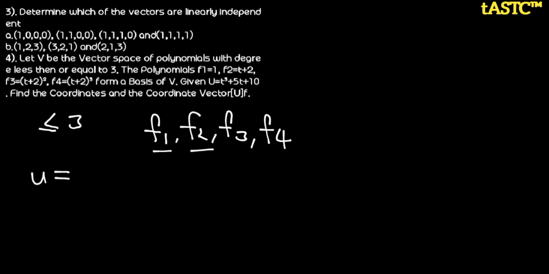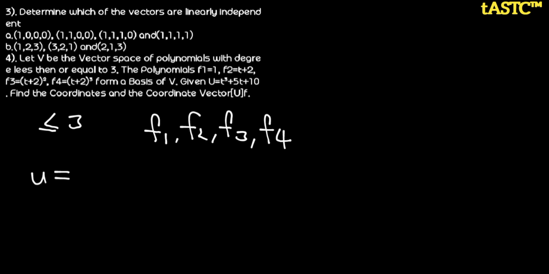These are going to be vectors and they must be linearly independent. So we're going to say U is a linear combination of these, where they are linearly independent vectors.